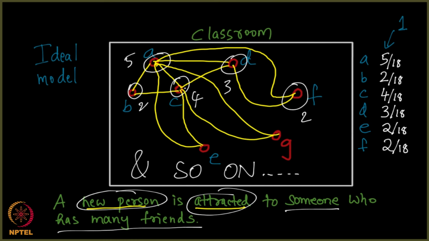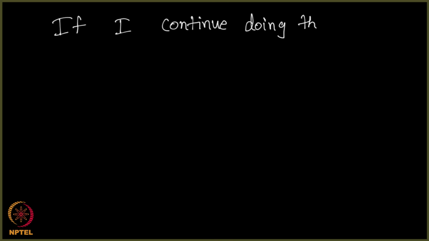As I keep doing this, the question that I would like to ask you all is the following. Let me write that down so that it sinks into your mind. If I continue doing this process for 1000 nodes, let's say, starting from the first 3 nodes, as you know, let me go to the previous slide.